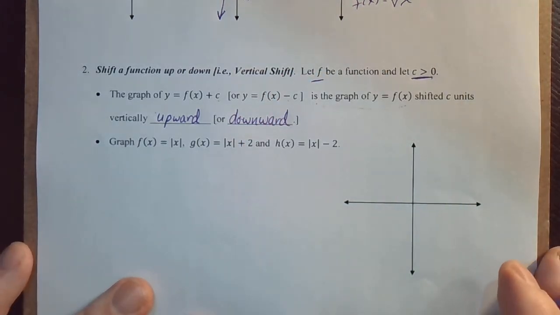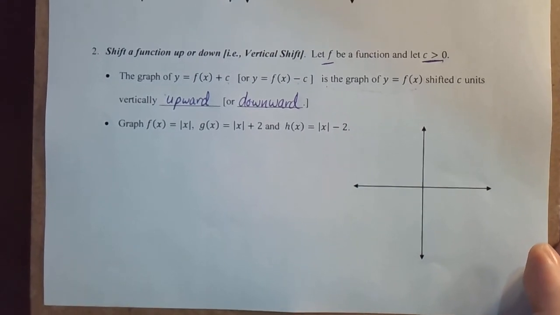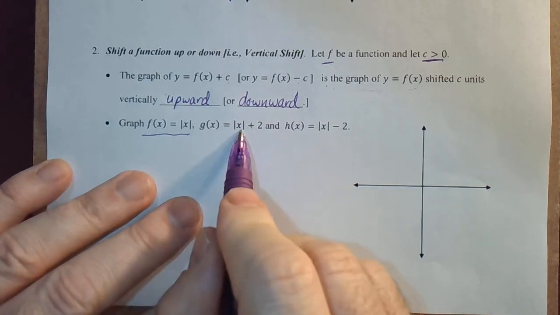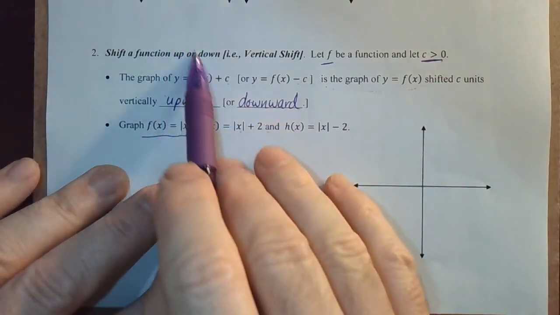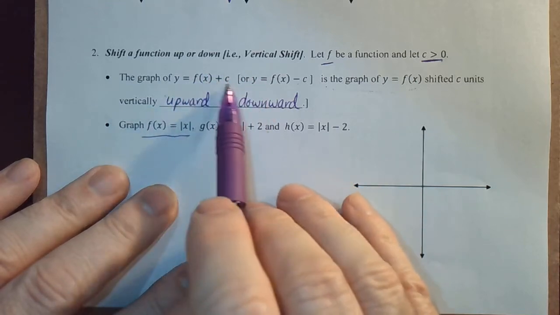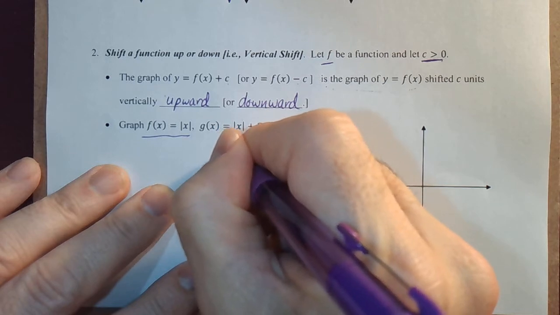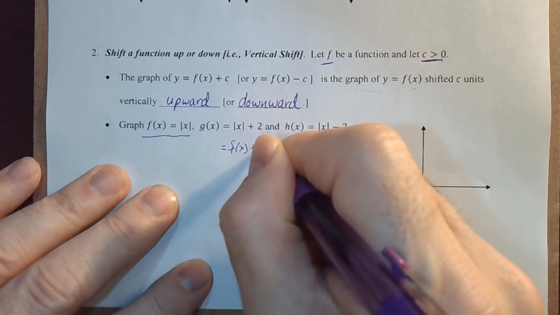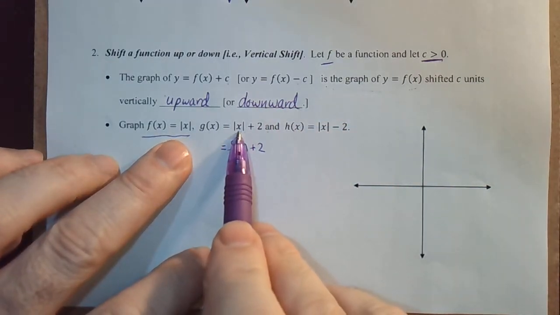Okay, so in this example, we're going to use the absolute value function. That's f of x. g of x is going to be the absolute value of x plus 2. Notice that it is definitely a vertical shift up, because this is the same as saying g of x is f of x plus 2, because f of x is this absolute value of x right here.